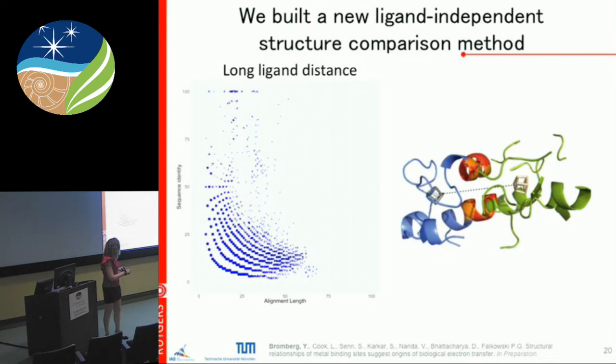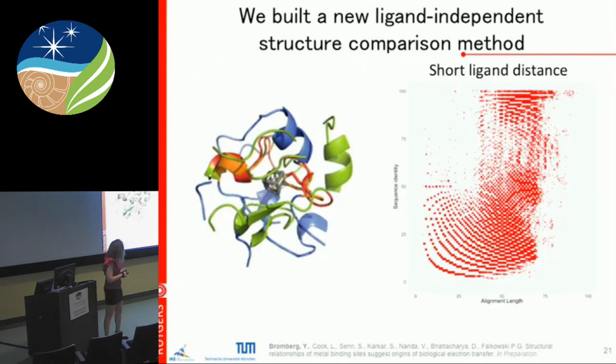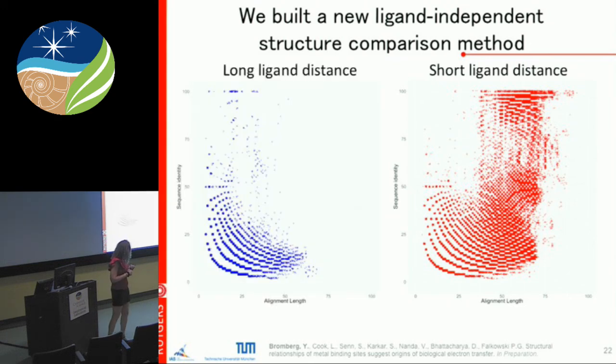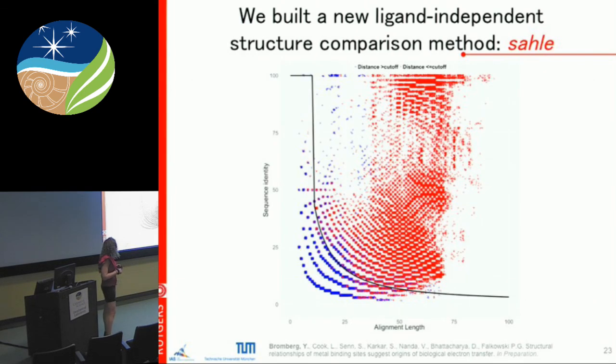So these are the ones you don't want. Now, this is what the ones that you do want look like, right? These are the ones that have short ligand distance. You can see that these are quite different, so you can superimpose them and try to optimize a curve, and this is just an exponential decay curve here, which is not perfect, but it separates the alignments of structures which have the same functionality from the ones that have a different functionality.